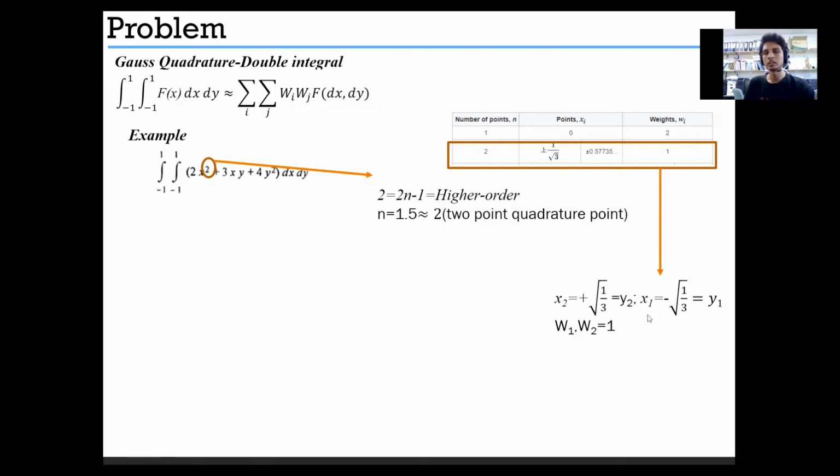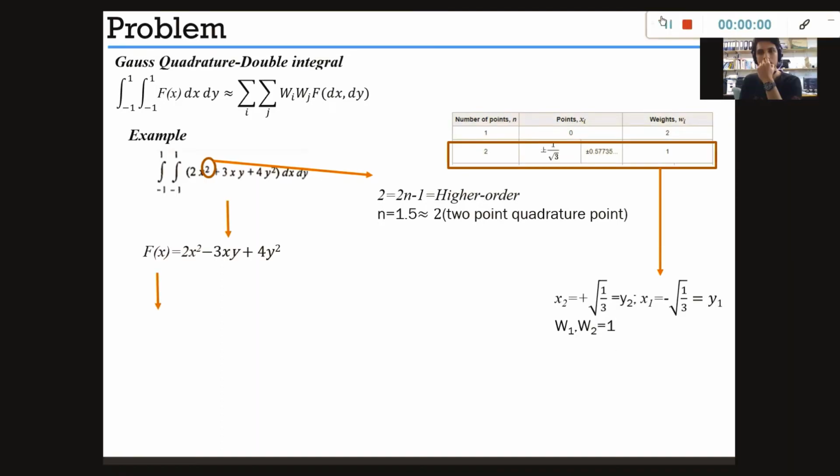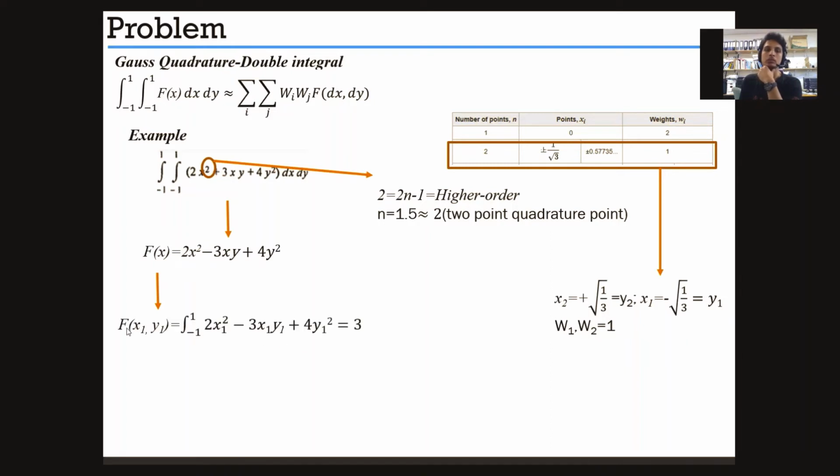Without any hesitation, y would be the same: x1 is equal to y1 and x2 is equal to y2. So we have got the x values, y values and w1, w2. So we'll plug in the way of the Gauss quadrature double integral.